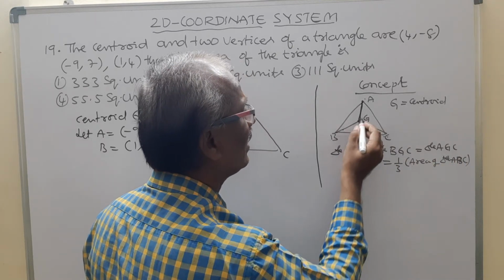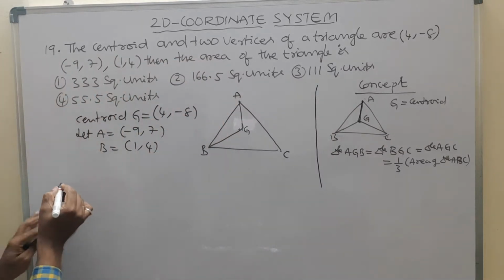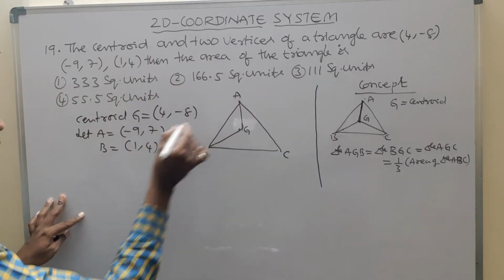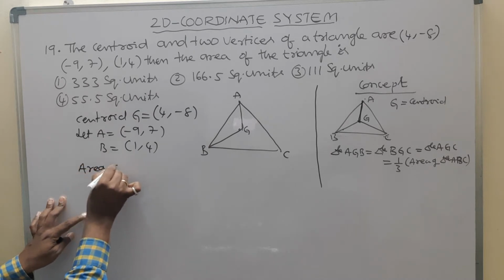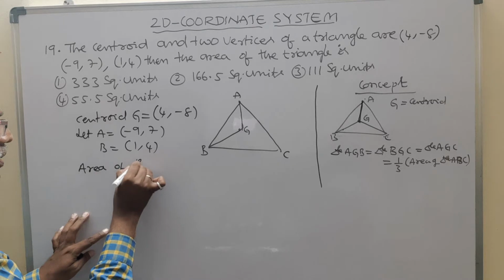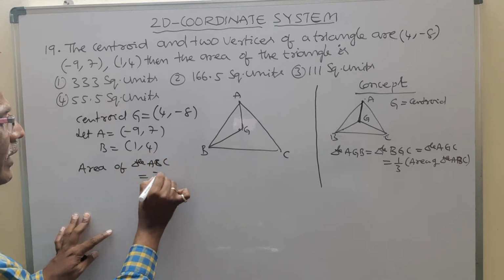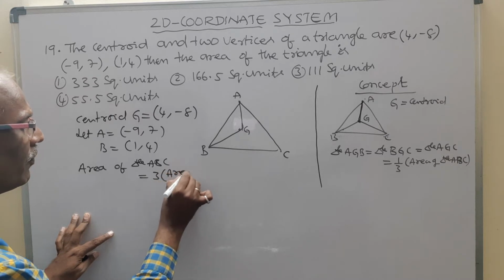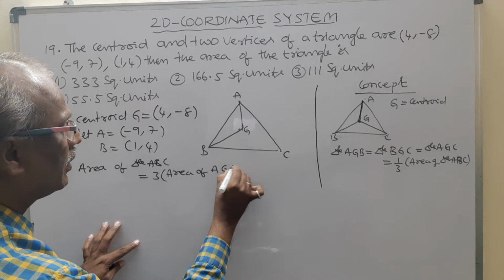Here G is the centroid, A and B are the two vertices of a triangle. In this question, to find the area of triangle ABC, area of triangle ABC equal to 3 times area of triangle AGB.